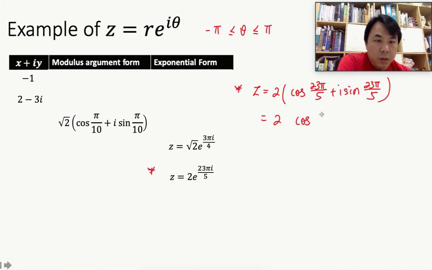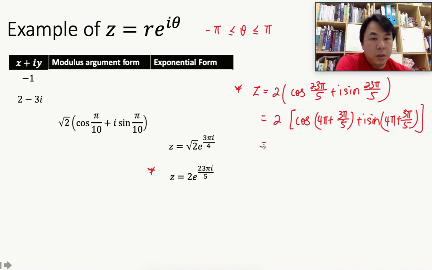Okay, now we can actually do it slowly here. We found that this is basically cosine, if you divide that, 4 pi plus 3 pi over 5, plus i sine, the same thing here, 4 pi plus 3 pi over 5. Now that is the intermediate modulus argument form.